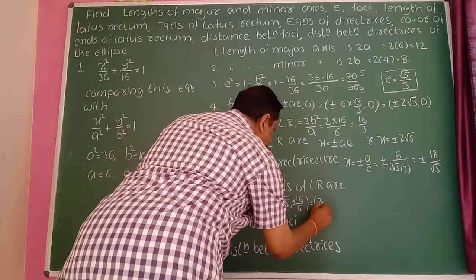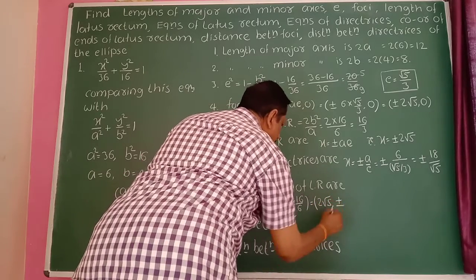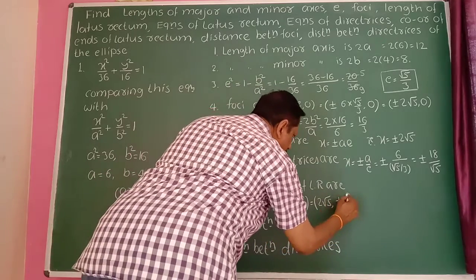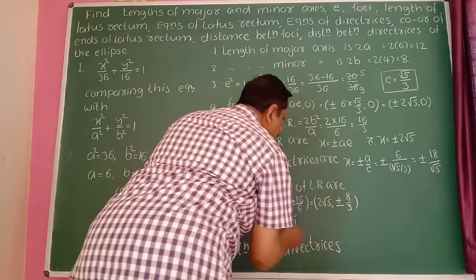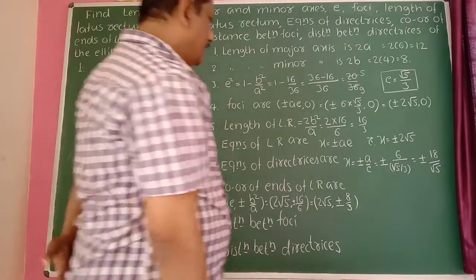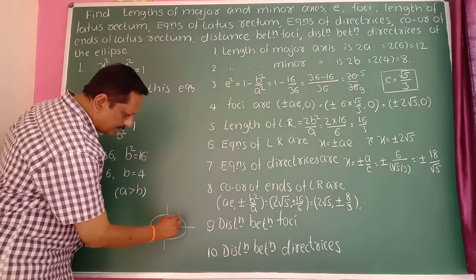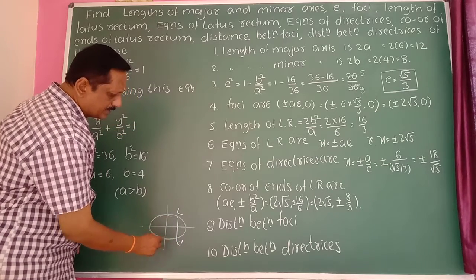So 2 root 5 comma plus or minus 8 by 3. These two points are L and L dash.